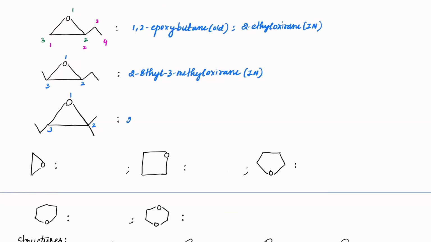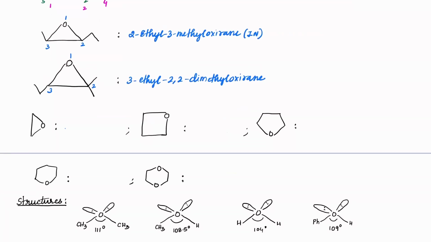So now this would become 2,2-dimethyl. Sorry, alphabetically ethyl should come first. So 3-ethyl and 2,2-dimethyloxirane. So remember that this is generally called oxirane.